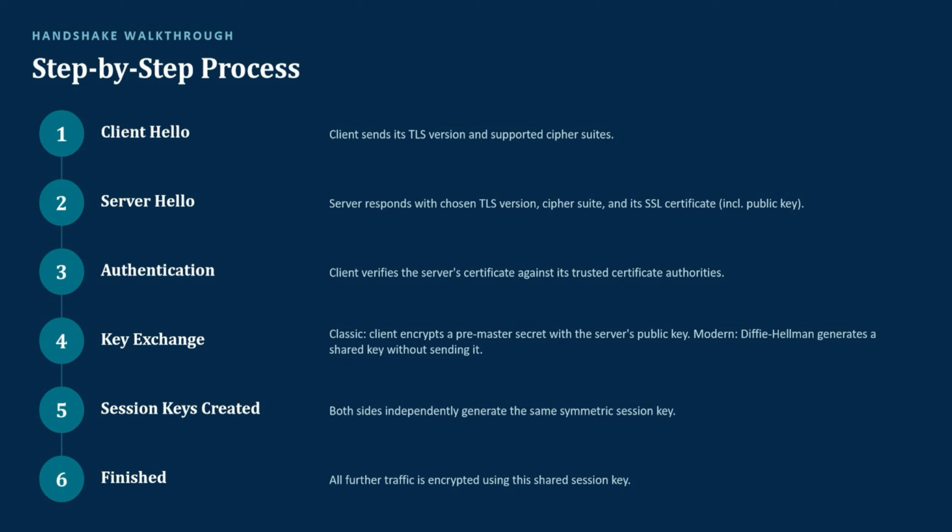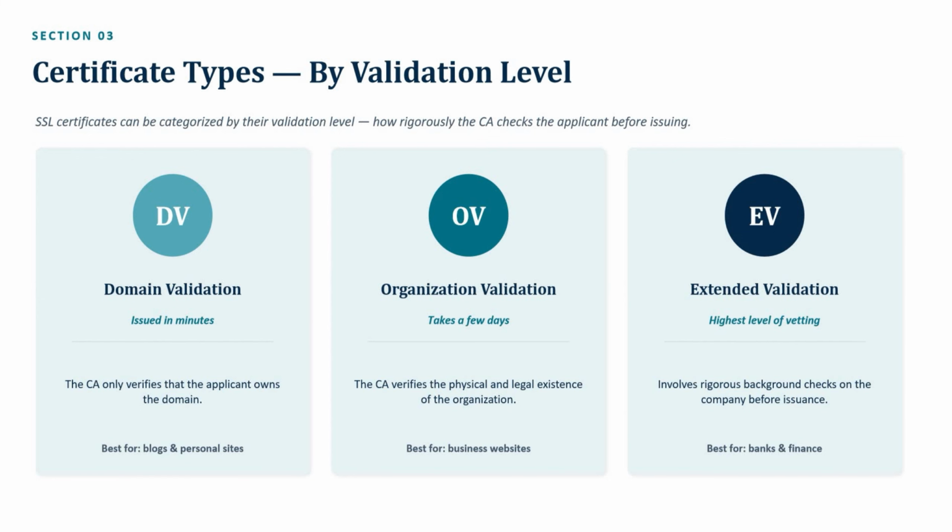The session key is created, and as I said, both sides independently generate the same symmetric session key, which I just explained a few seconds back. This session key is used to exchange data between the server and client, and even if somebody knows your public key, he still cannot tamper with data already transferred.